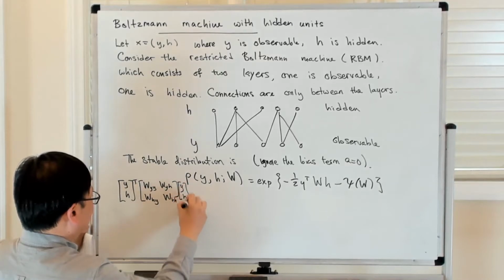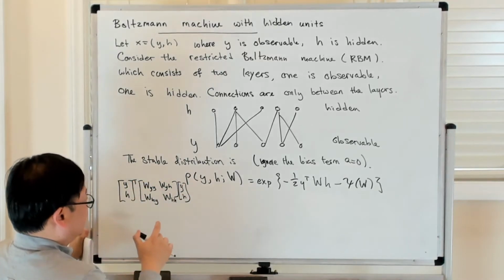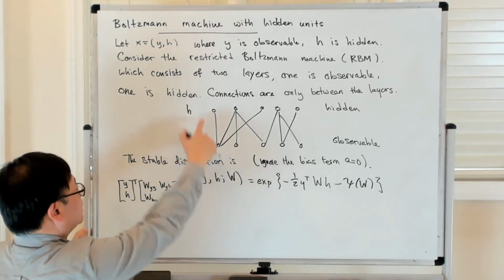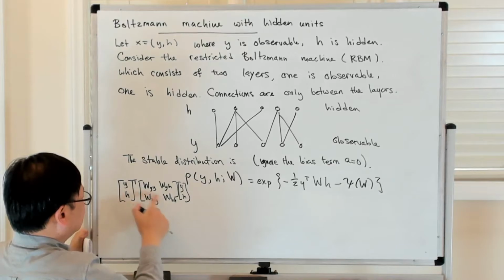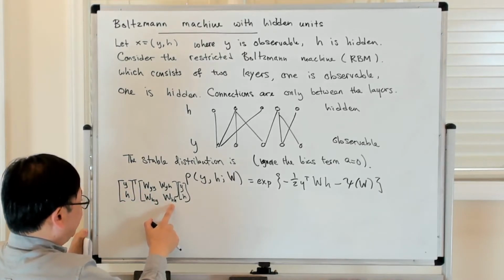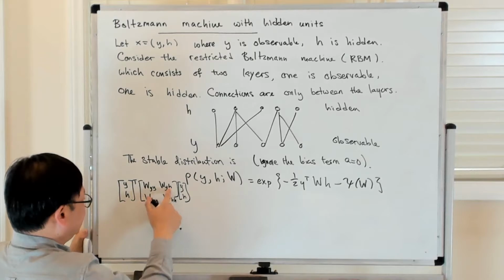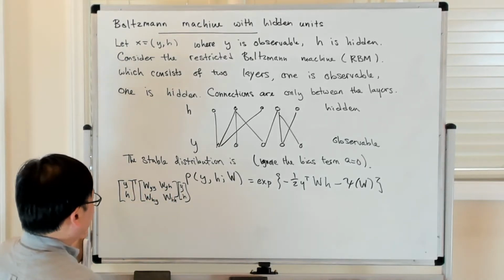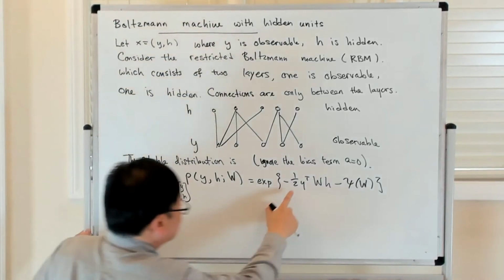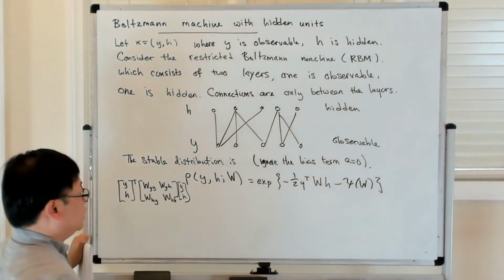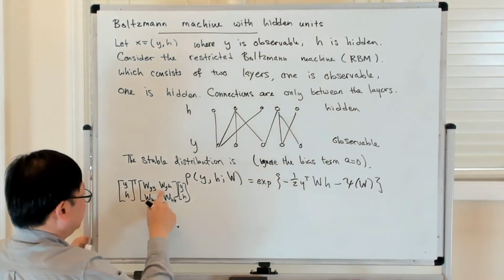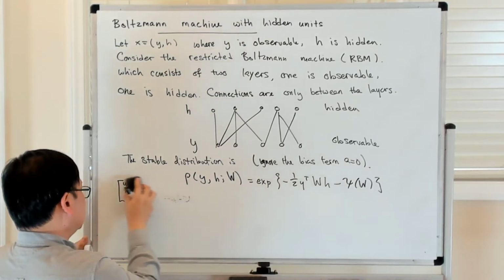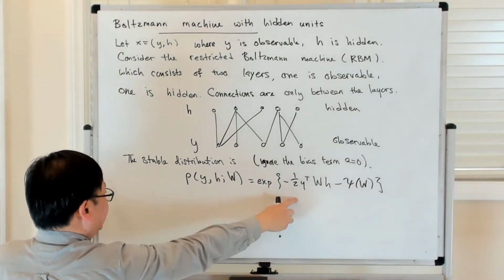And then (y, h). And then the fact that this is a bipartite graph means that this term is 0 and this term is 0. And then the fact that this is symmetric means that these matrices are transposes of each other. All right, so I can rewrite a term like this into something which looks like this, right? Where this W here is the W_yh term here. Okay, anyway, so hopefully that's clear. All right, so that's why I can write it like that.